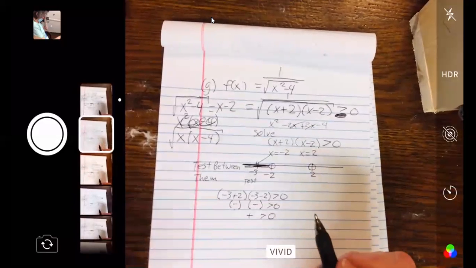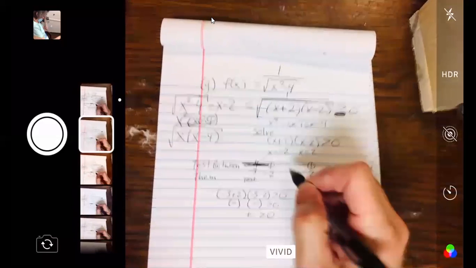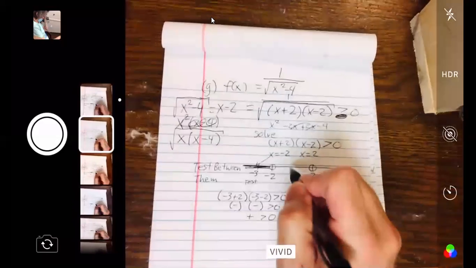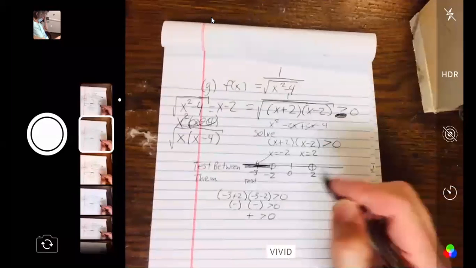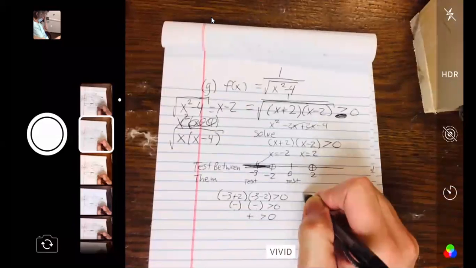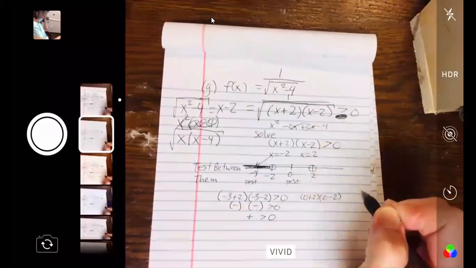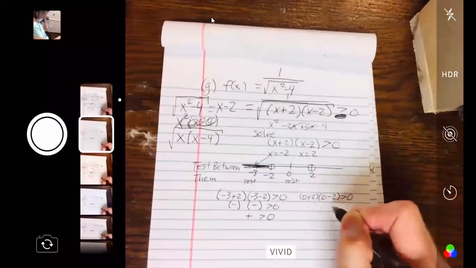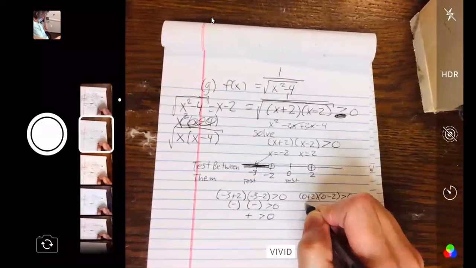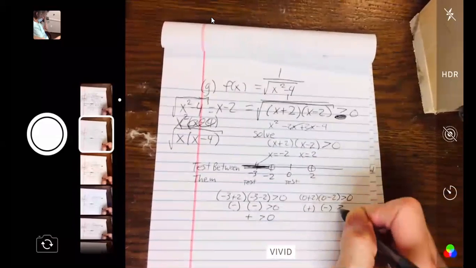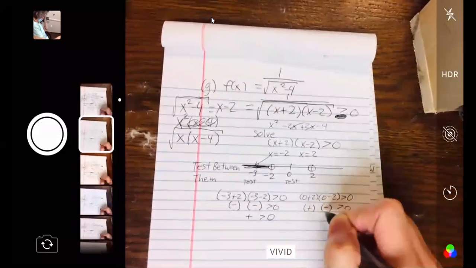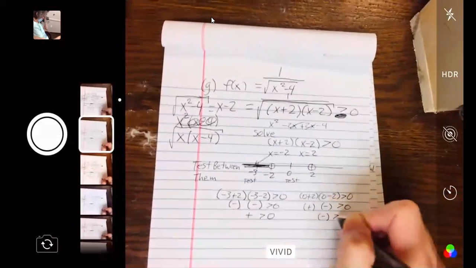All right, so then there are 2 more intervals to test. I guess we'll pick 0 here. 0 gives you 0 plus 2, 0 minus 2. You'll be able to see that doesn't work. This is positive, this is negative. Positive times a negative is a negative. Negatives are not greater than 0.